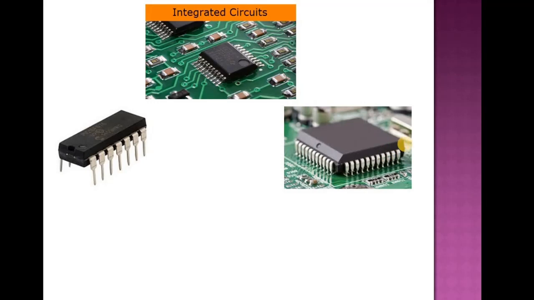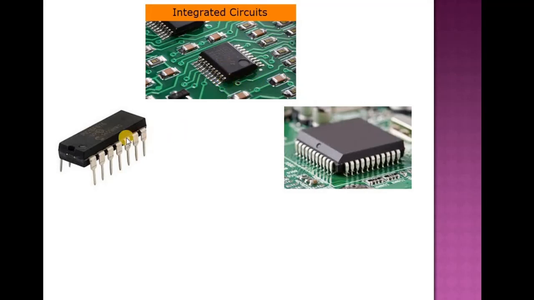In the earlier generations we used vacuum tubes and transistors, and those were replaced by integrated circuits. What is the basic meaning of integration? These consist of different electronic components like transistors, capacitors and resistors. All of them are clubbed together and mounted on a single chip, as you can see in this image.